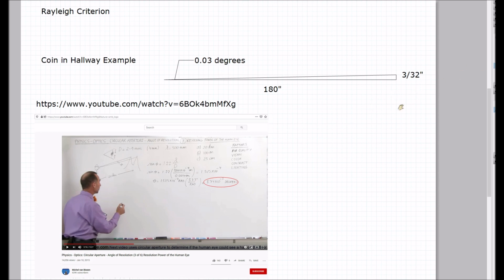My point in doing this was not to try to make a debunk or a rebuttal to your video, but rather just to point out all the different ways in which we can look at the issue of seeing something at a distance and all the different factors that are involved that we have to consider as we're doing that.